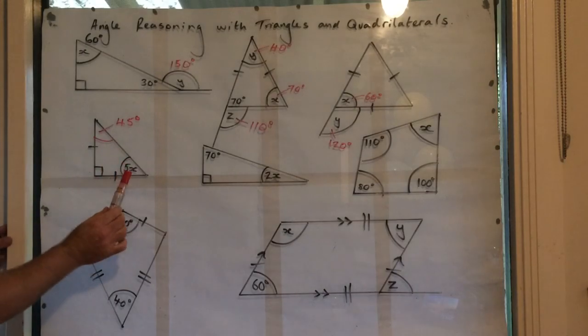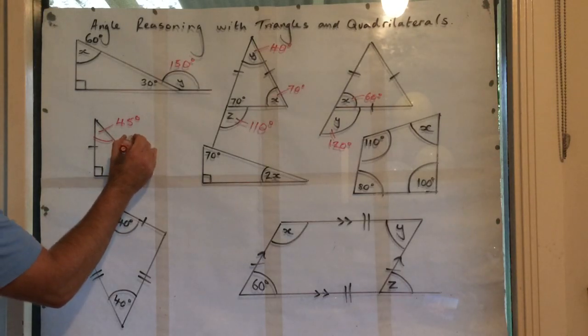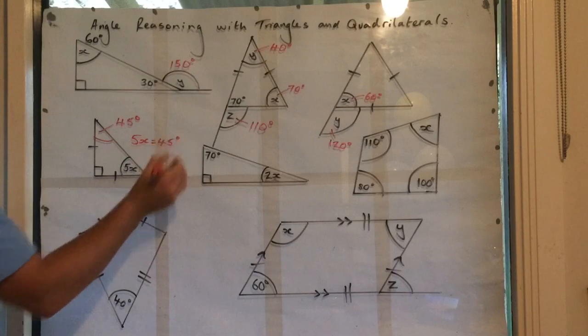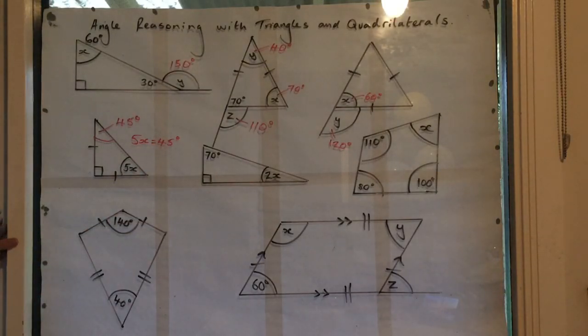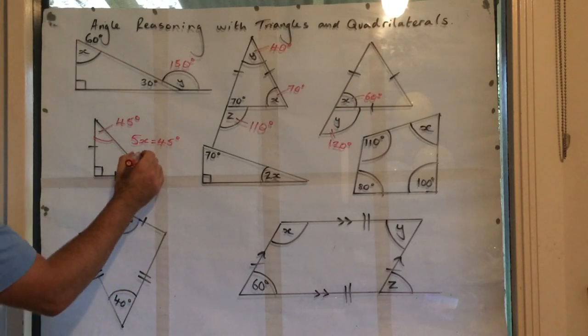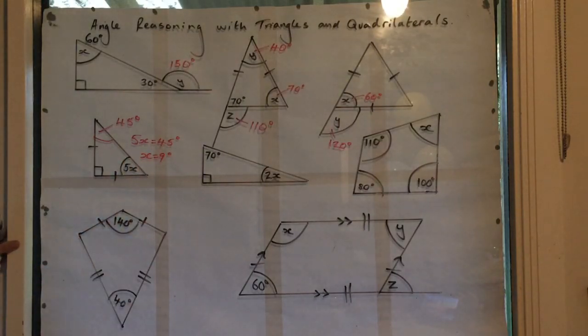What we can see is this says 5 lots of x, and 5 lots of x is 45. Let me just make a note of that. 5x equals 45 degrees. I wonder what x is. If I divide both sides by 5, x equals 9 degrees. Okay.